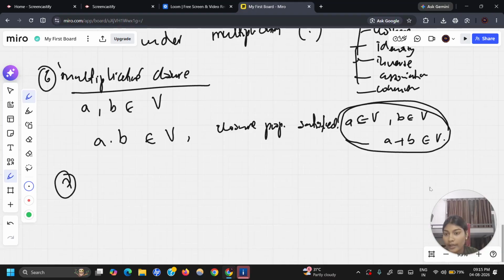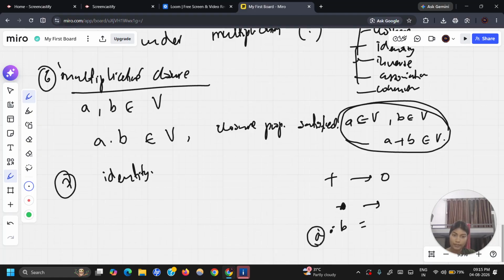Satisfied. And now we find identity. So in addition, identity is 0, whereas in multiplication, what is identity? That means when you perform some operation between two vectors, the same vector comes back, either this or that. I'm taking A. So in addition, we got A plus 0 equals A. So here in multiplication, A dot something must equal A. So what is that?